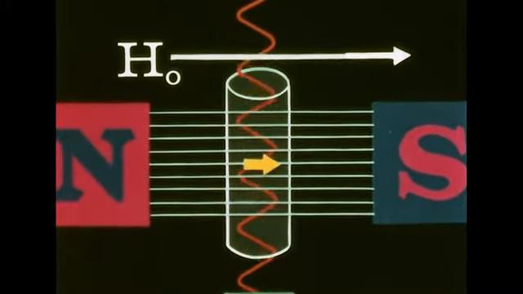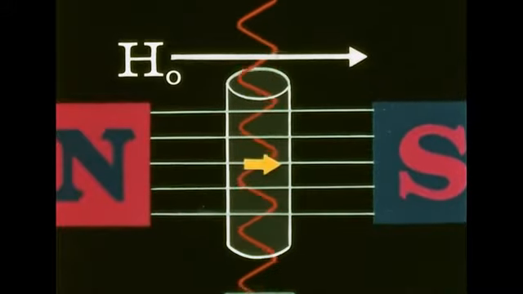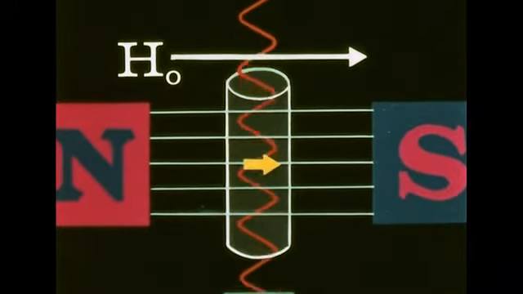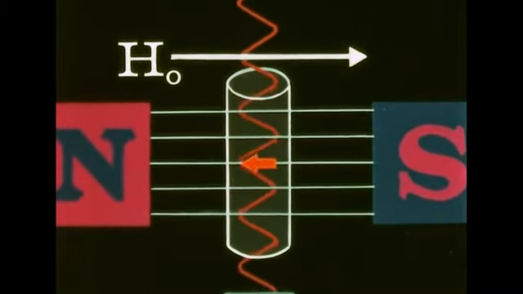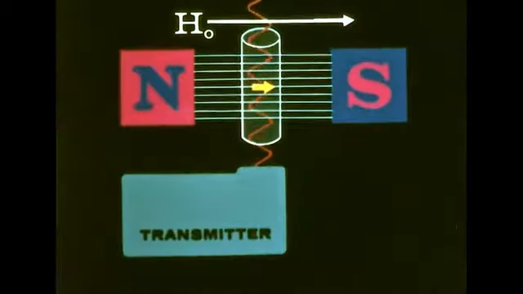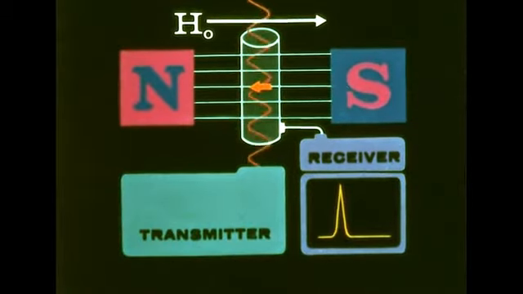If we are working at constant frequency, the magnetic field is varied until delta E equals the energy of the radio frequency, and the nuclei absorb energy. In both kinds of experiments, energy absorption is detected by a receiver and appears as a peak on a recorder chart.